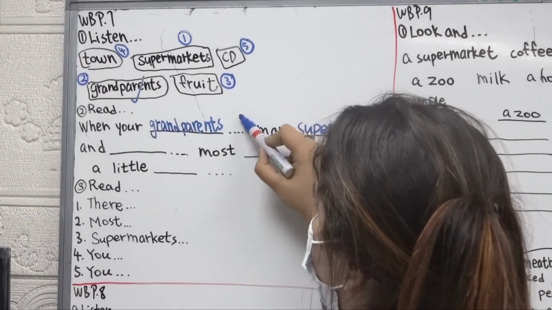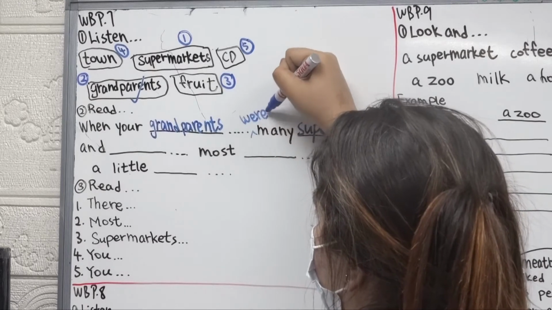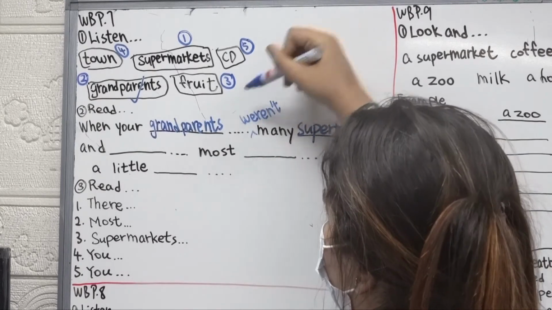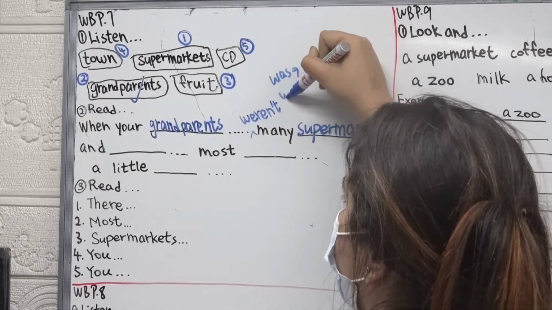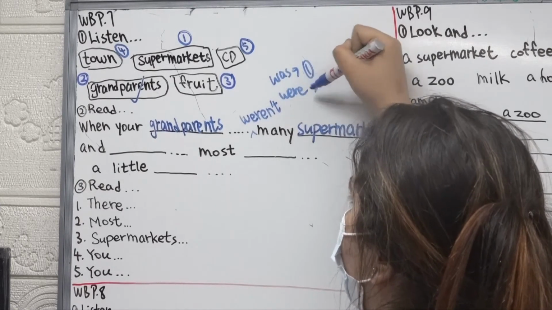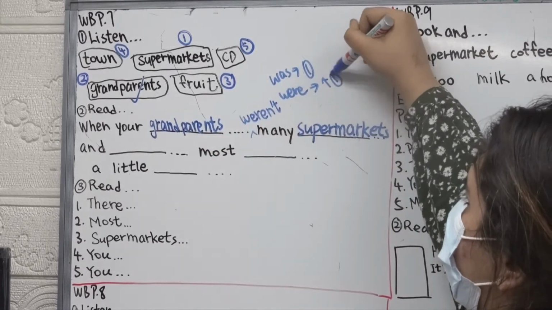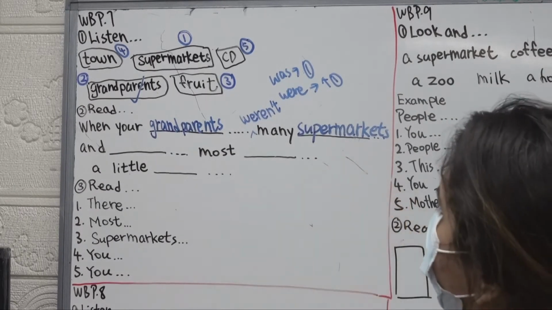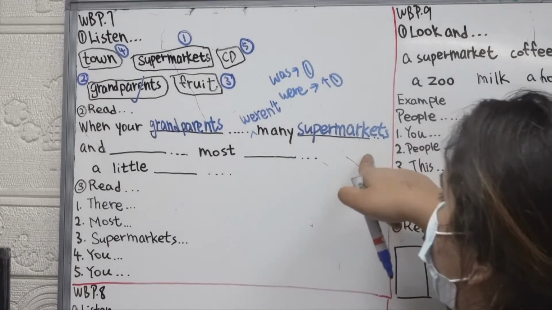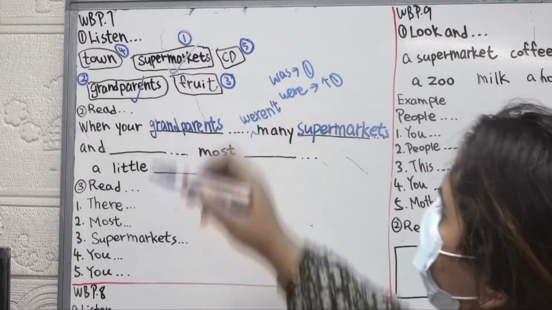So here is the word weren't. Was is used for just one. Weren't means were not, alright? Were is used with more than one. Okay? Don't get confused. Supermarkets. So from this, it tells you it is more than one because it has S, right? Great. Next one.